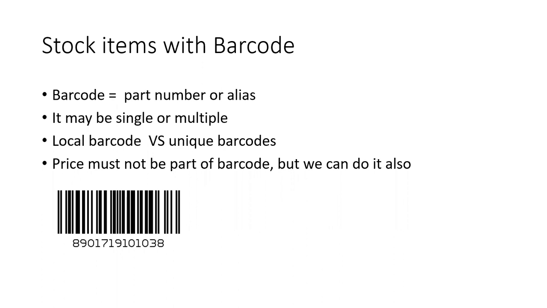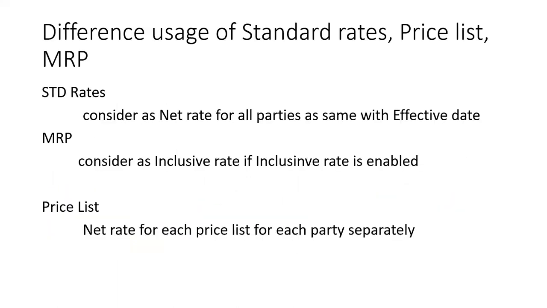Okay. And price is not part of barcode. There are many confusions about barcoding. We scan that item and it is automatically selecting price. No, the price logic is standard MRP and price level. From that, it is going to select price automatically. And we have seen about that.